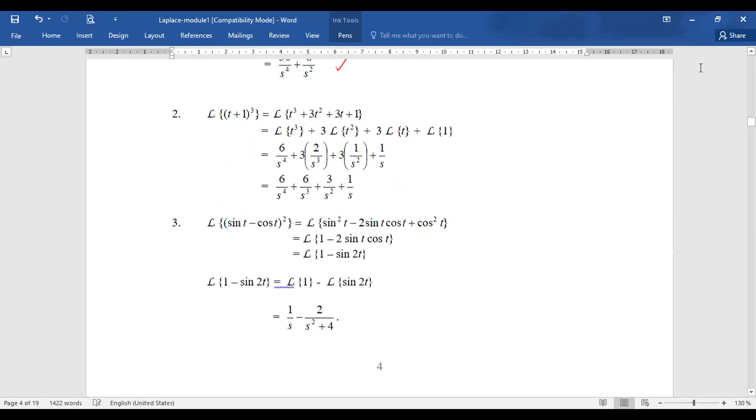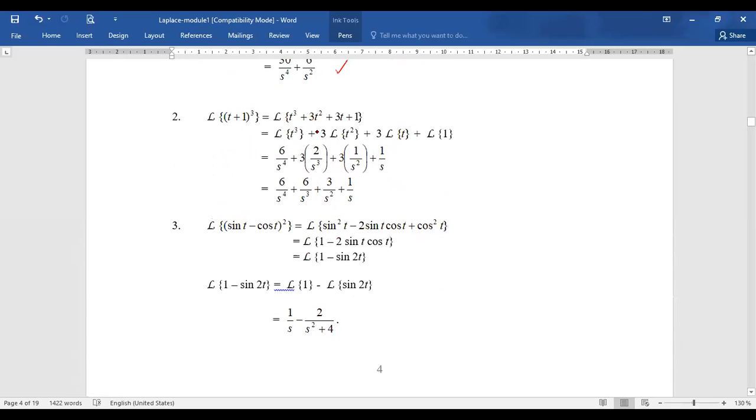Nanti akan dapat t kuasa 3 tambah 3t kuasa 2 tambah 3t tambah 1. So lepaskan semuanya. So t cube is 6 over s power 4 plus 3 darab dengan t kuasa 2 is 2 over s power of 3.